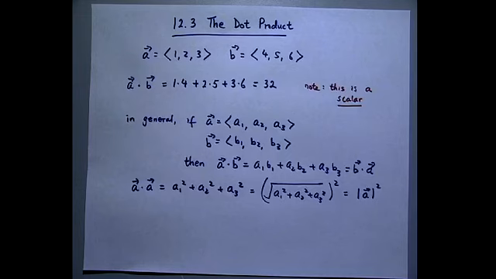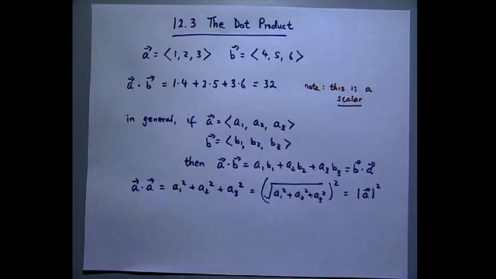From earlier, we knew that if you take the dot product of A and B here, we get 32. And the magnitude of A turns out to be 1 plus 4 plus 9, so that's radical 14.